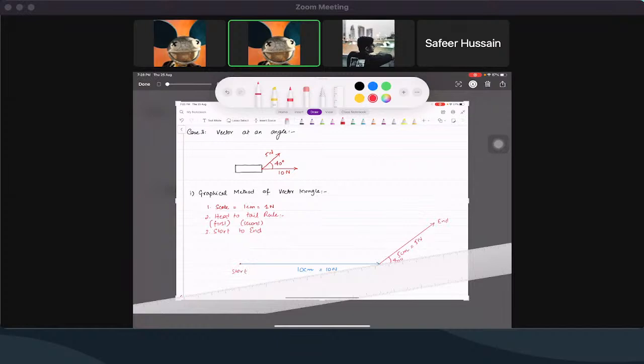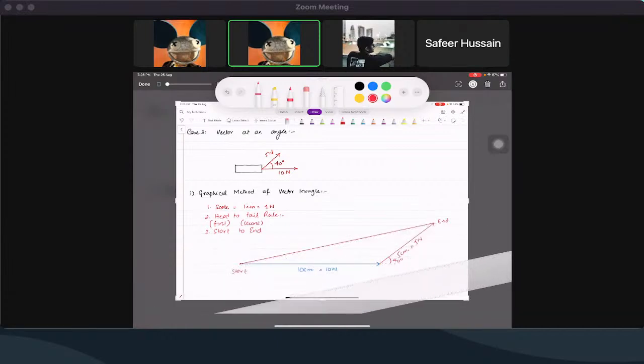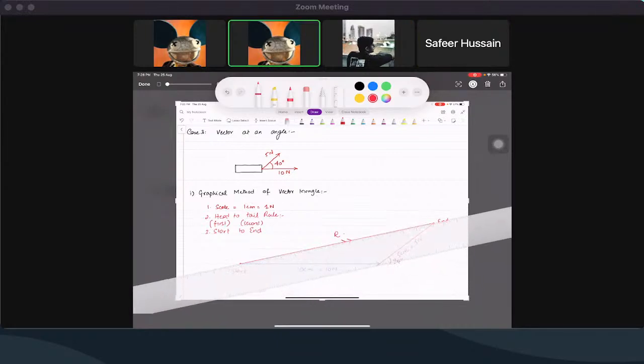So I'm going to make the resultant such that it shows start to the end. Just like this. Do you guys understand? So this would be my resultant. Any questions? No, sir.